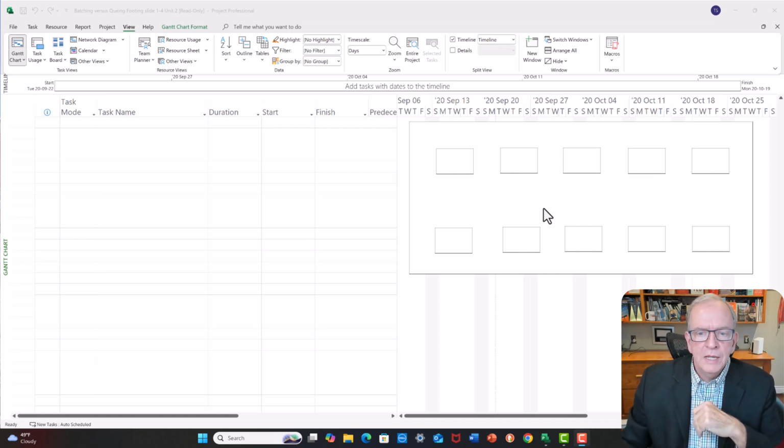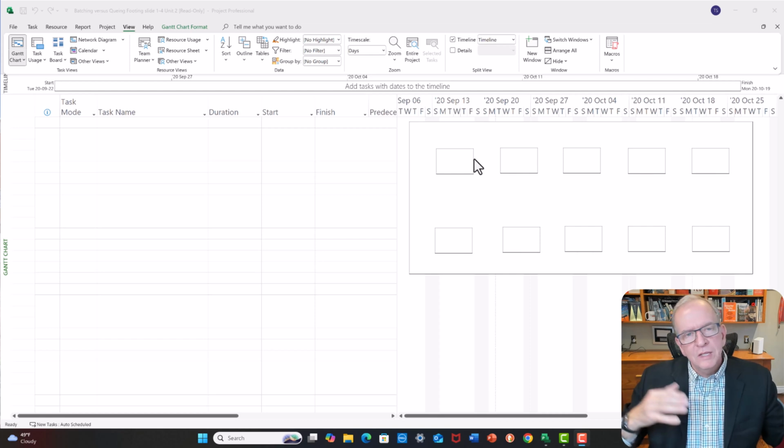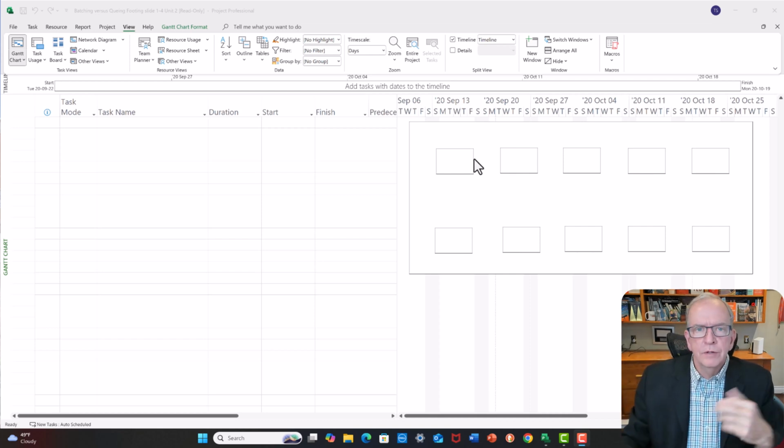So what I've done here in Microsoft Project is I just used the drawing tools to quickly draw out what I would phrase as being 10 footings. Okay, so think we've got this big site plan and we've got 10 footings that we're going to install. Now, very often in projects, what happens is an excavation contractor wants the whole entire space, all right? Because everybody wants more space because it makes things a little bit easier for them.